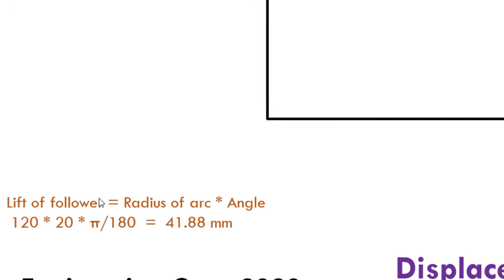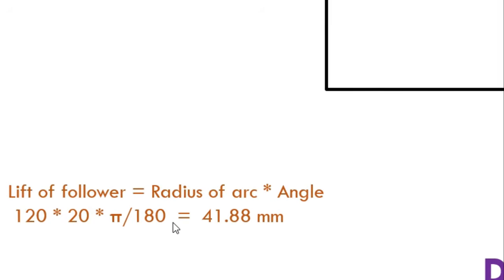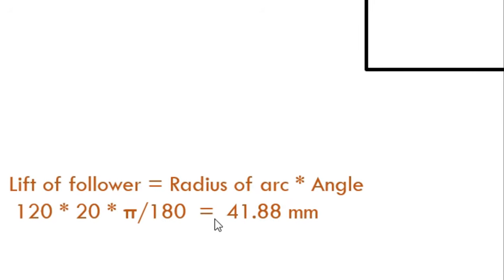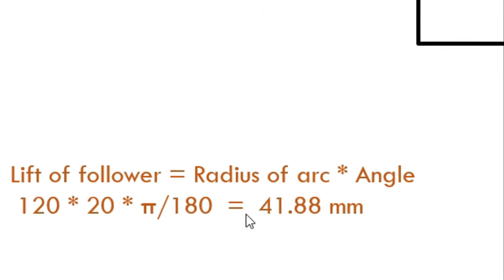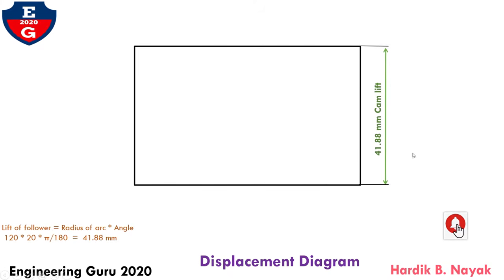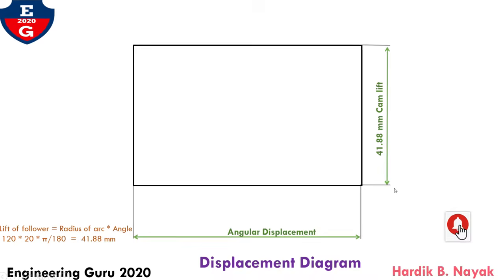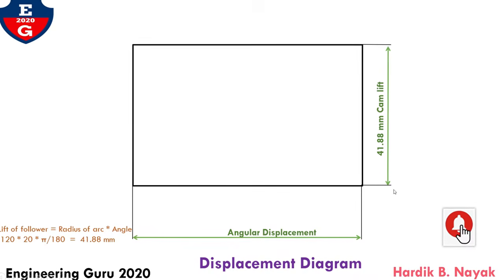So convert into radians, so multiply by pi by 180. So we will get lift of the follower equal to 41.8 mm.